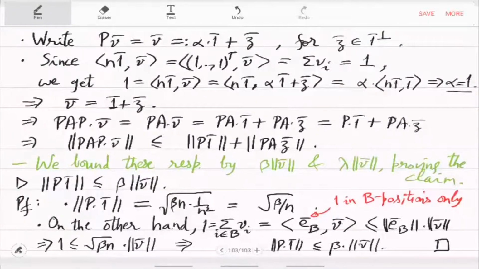You can check this. The P1 bar norm is square root of beta by n, and that's the same as saying V bar is at least 1 over square root of beta n. Okay, so we have shown that P1 bar is small compared to V bar by a fraction of beta. Next thing we have to show is the upper bound for PA Z bar.